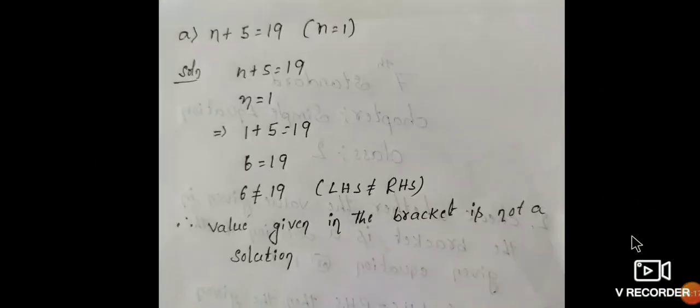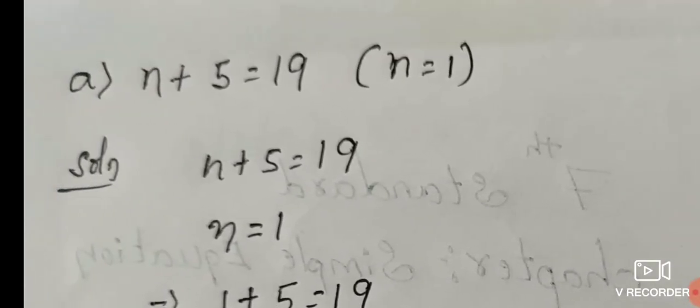So in this one I will take the first one as an example. Observe this. What are they given? First example, n plus 5 is equal to 19. In the bracket, the variable n is equal to 1.